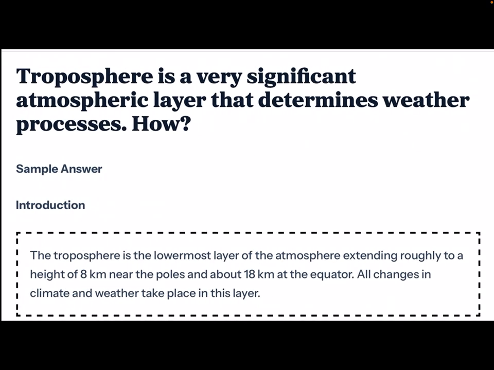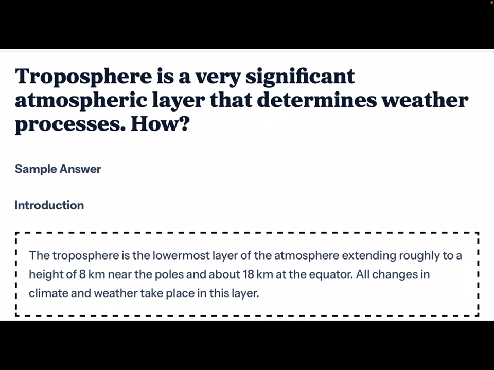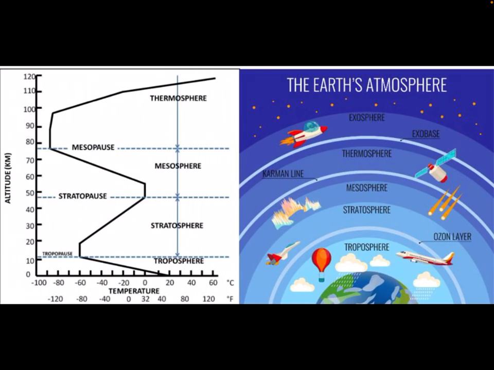Let me clarify that: it is 18 kilometers at the equator and 8 kilometers at the poles. This question has also been asked in UPSC PYQs: why does the troposphere have a narrower extent at the poles and a longer range at the equator?